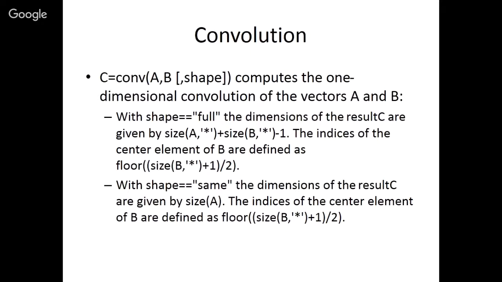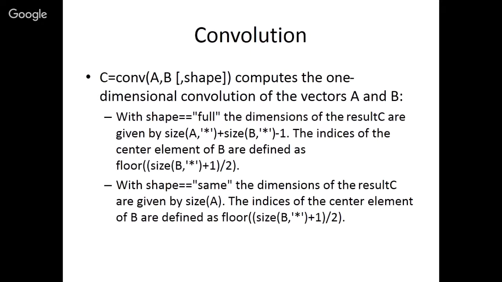But if you give the other option, same, then you will get as many values as the size of A. That means the number of values will be the same as in the first vector A. But which values will it take? For example, you have got 14 values, and now we have to take 7 values. Which 7 values will it take?